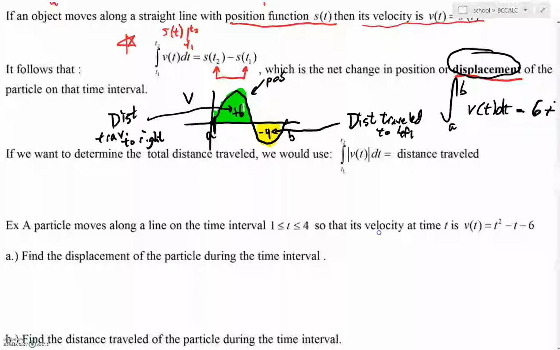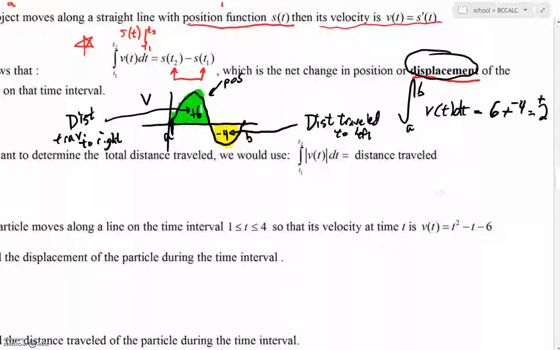That does beg the question, though, that displacement is the change in position from when you started. Total distance traveled, by the way, the word total isn't even needed, honestly. You could just call it distance traveled. What you have to do is envision that you're integrating everything in absolute value. You have 6 steps to the right, you've got 4 steps to the left, but you don't have the sign of negative any longer.